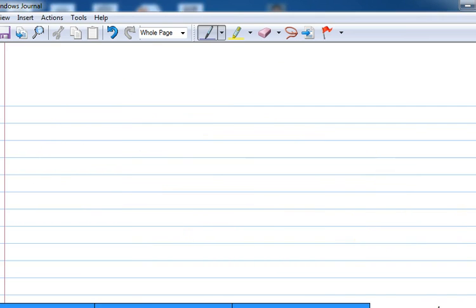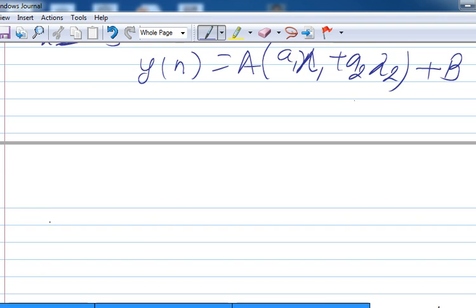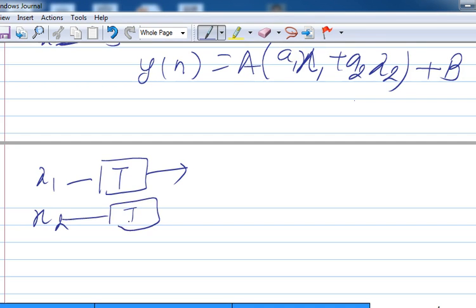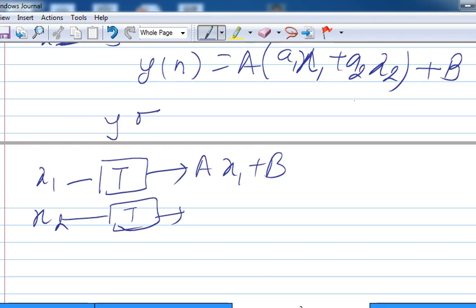Now what we do, we compute y'. I have x1 and x2 as inputs, both going separately through this system T. So I will get a into x1 plus b according to the system. y was a into x plus b if I drop the indexes.